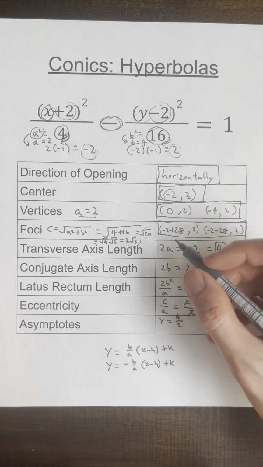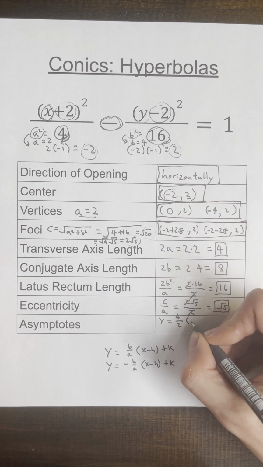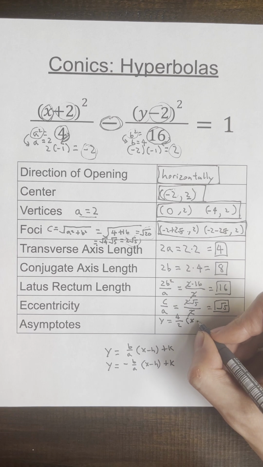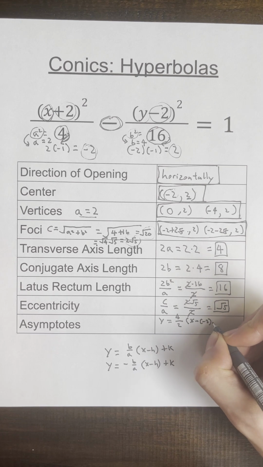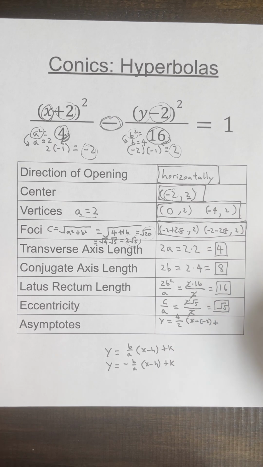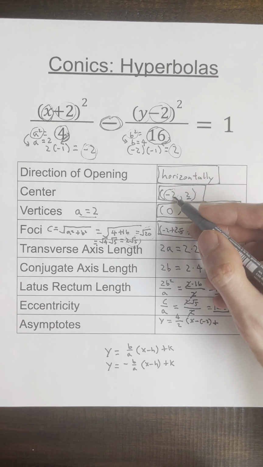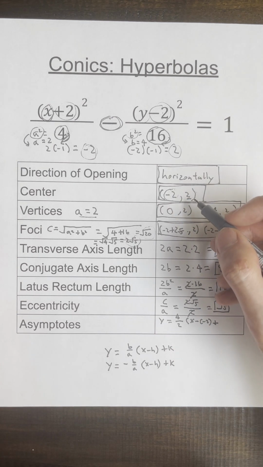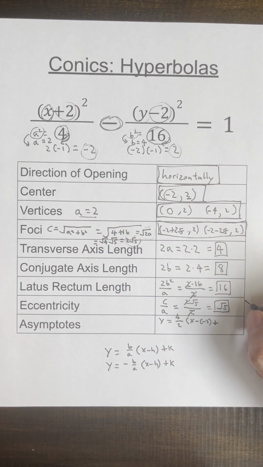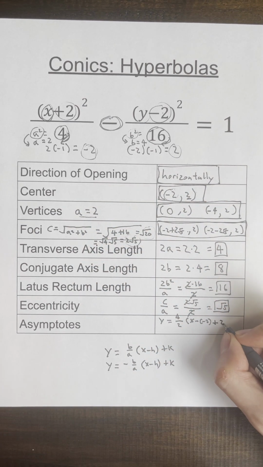And H, that's this number. So x minus -2 plus K, which was what number? So this is H, this is K. Yeah, so you have to go to the center for H and K. 2.